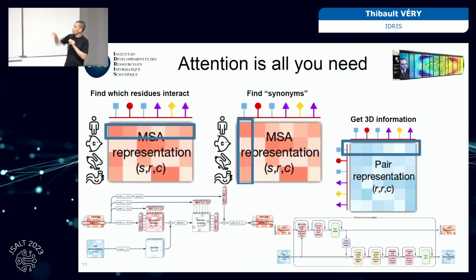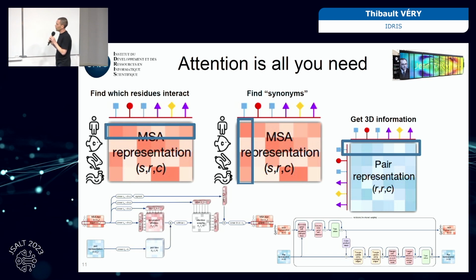Each column is one of the amino acids, and as you would do with a sentence, you want to have attention on the sequence, because some amino acids will interact at a distance. Some amino acids can be far away in the sequence but very close in the 3D structure. So you need some attention here to get how they interact.